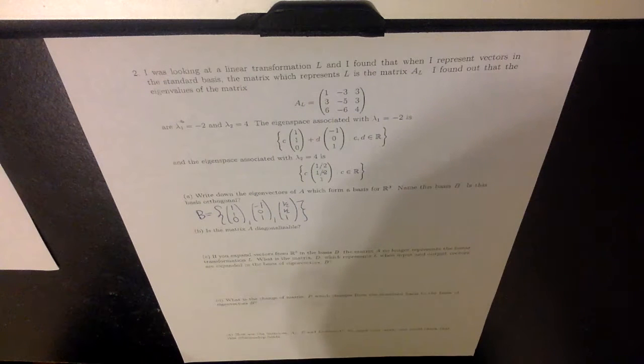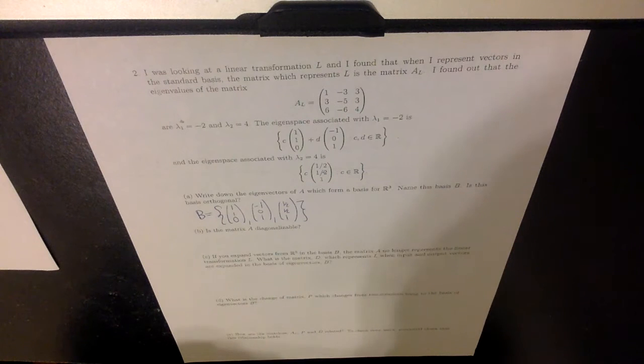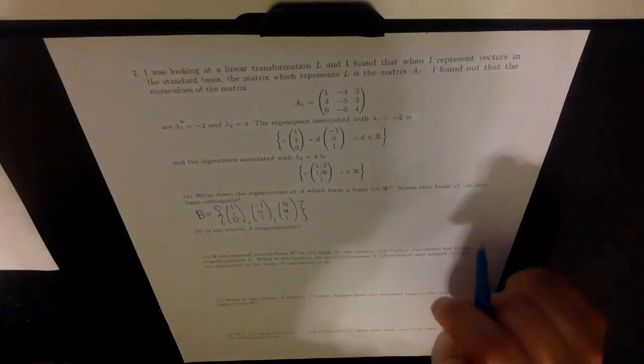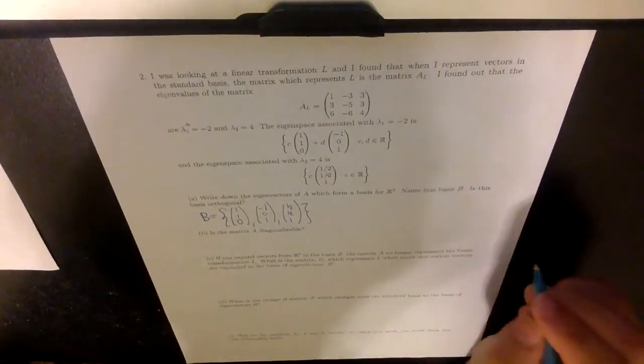If I wanted to check that these were linearly independent, I could smush them together into a matrix and check that that matrix has row-reduced echelon form with one pivot per column. That would tell me that those three column vectors are linearly independent, which means they form a basis since there are three.